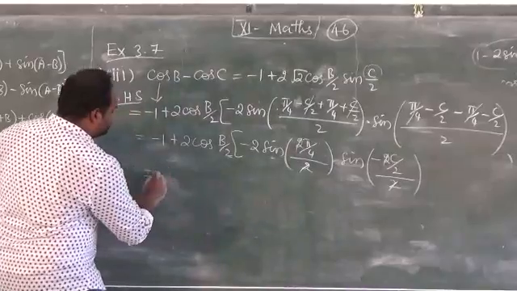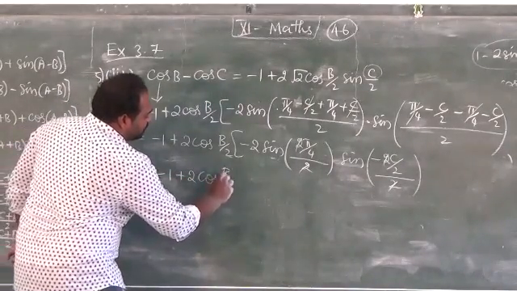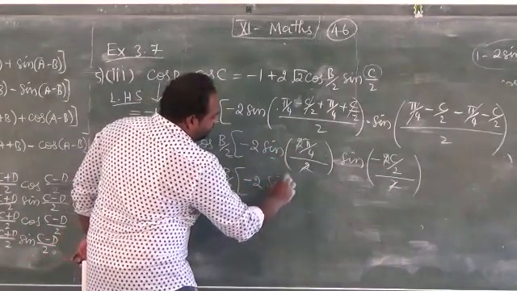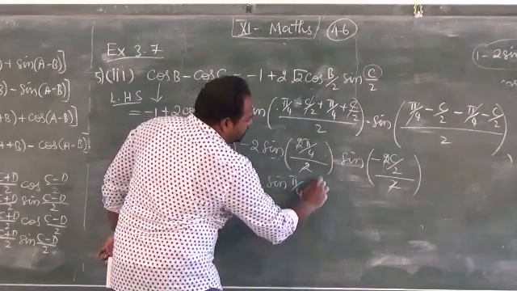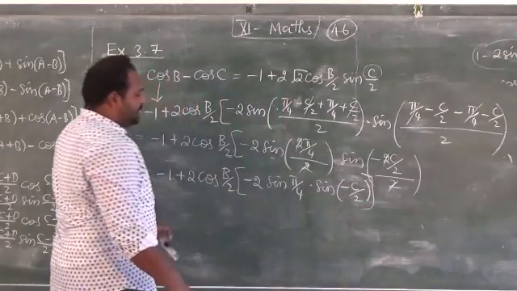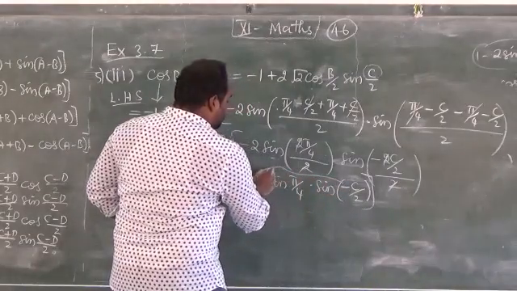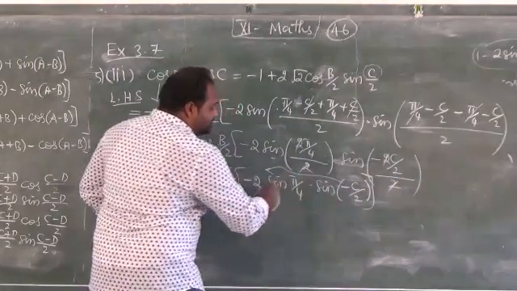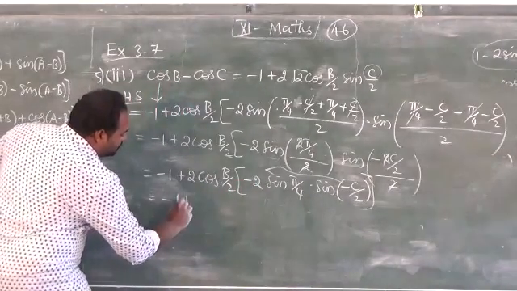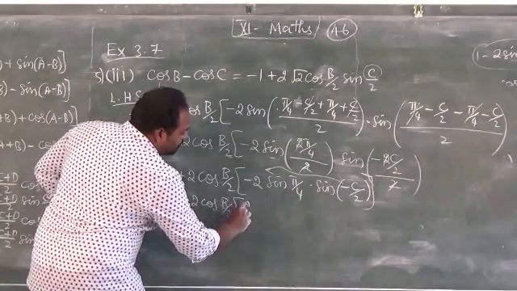So here minus 1 plus 2 cos of B by 2 minus 2 sin pi by 4 into sin of minus C by 2. Here the minus sign of the negative means the whole function will be negative, so bring this minus outside; already we have minus, so it will become positive.